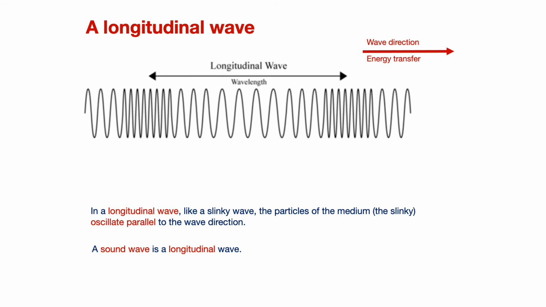Basically, the big difference between a longitudinal wave and a transverse wave is that in a longitudinal wave, the particles of the medium, in this case the slinky, oscillate back and forth parallel to the wave direction.